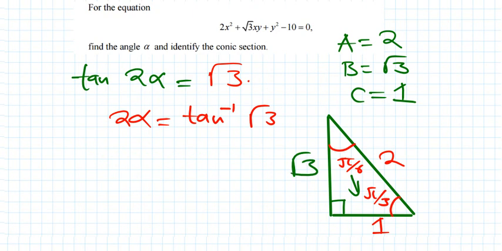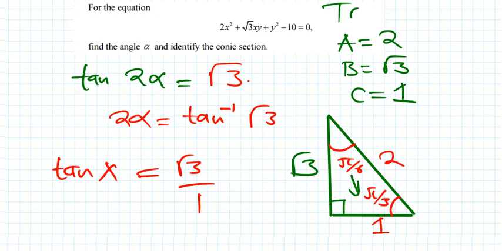So you want to ask yourself, what value of tan of what angle x gives me root of 3 over 1? Now SOHCAHTOA, the tangent comes at the far end of SOHCAHTOA, which implies the opposite over the adjacent. So what angle is opposite to root of 3, and adjacent to 1?